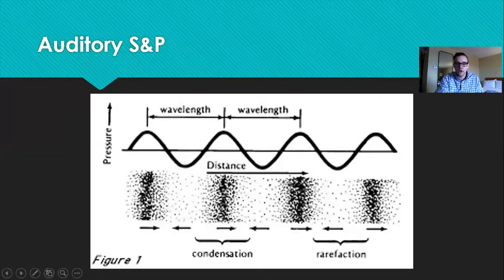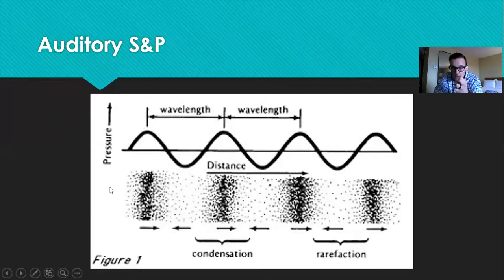Now, we also have a difference in how compressed and how spread out the molecules are when condensation and rarefaction happen. The more condensed the molecules, the greater the condensation. And the more spread out the molecules, the greater the rarefaction.